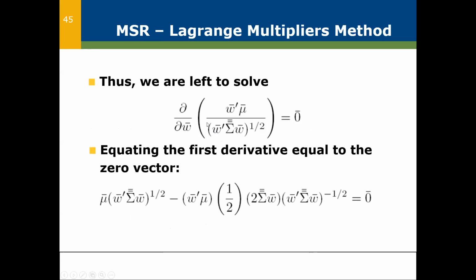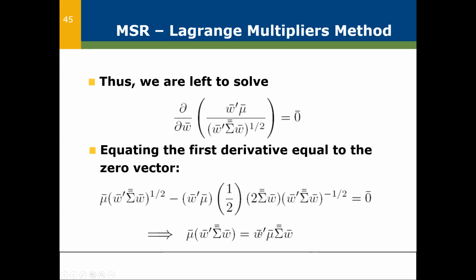And here's what we're setting to 0. We multiply through by the square root of the volatility, essentially the weight times VCV times the weight, and you're left with this expression here. So in other words, what this is saying is the excess return multiplied by some scalar is equal to the weight times this scalar.